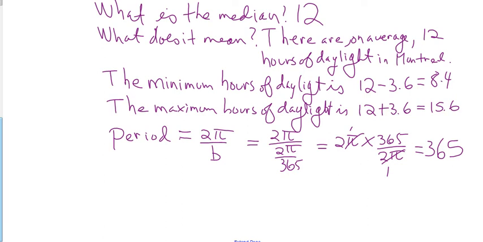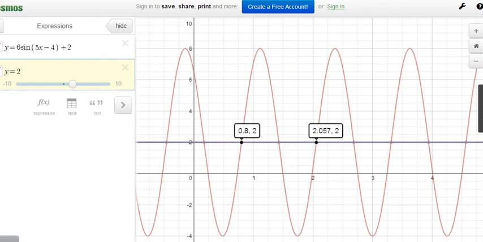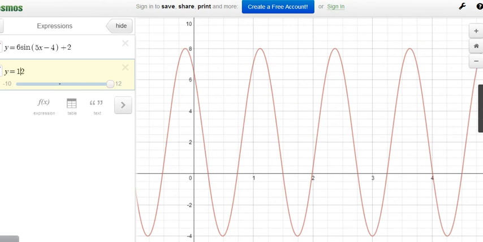Okay, so if you wanted to predict, you'd say, well, let's hope that it's the average temperature. And then what else do we have? We've got the start point, which in this case will be 80 and 12, right? So if I graph this, and you can graph this on your graphing calculator, which I'm not going to do, let's change that to 12.